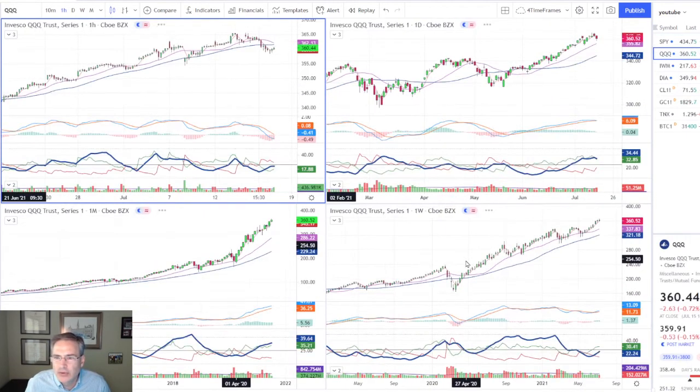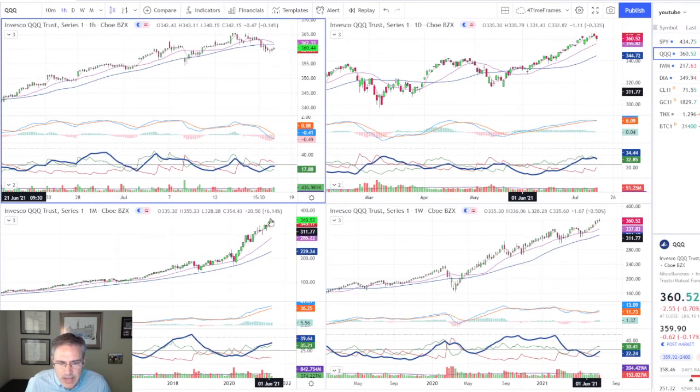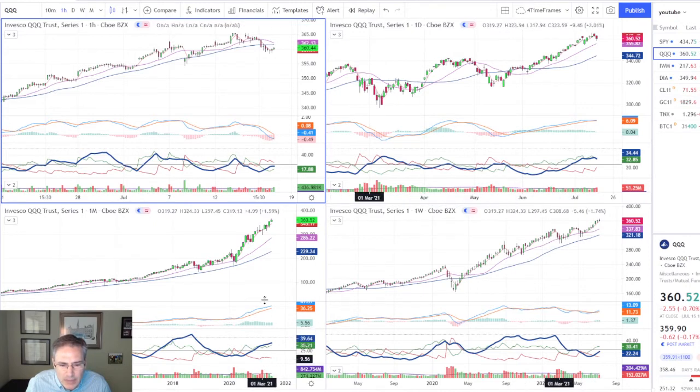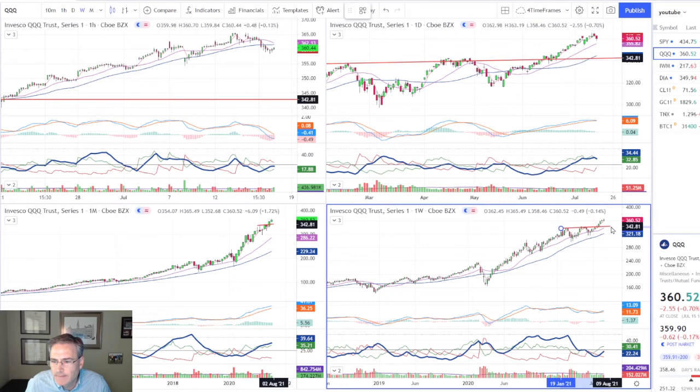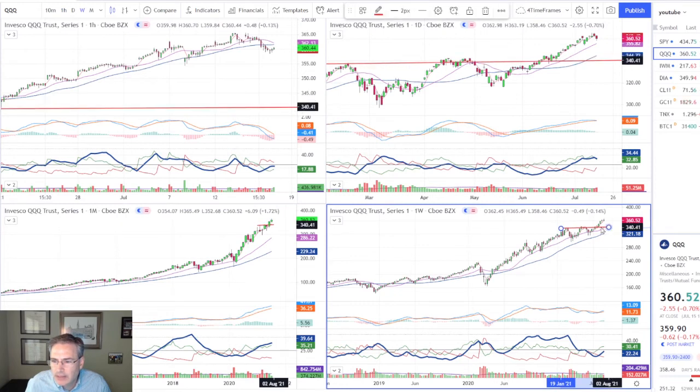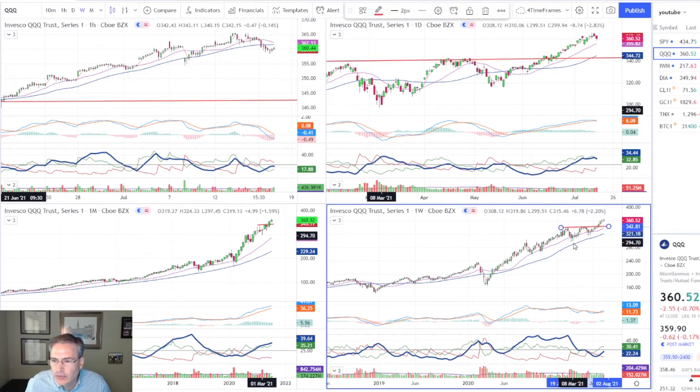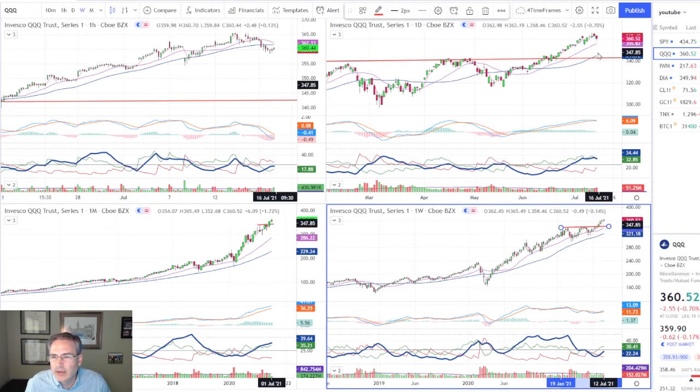Let's take a look at the QQQ. Same idea, pretty stretched on the monthly chart, but the momentum conditions are a lot better on the monthly. The weekly has moved up and broken out, and I'm looking at this prior area on the Qs, right around a little above 340, 342, something like that, as being support, and you can see it pretty clearly on the daily chart.